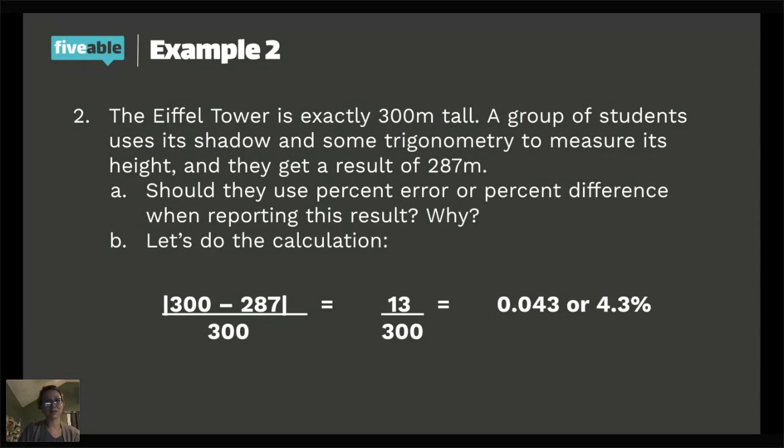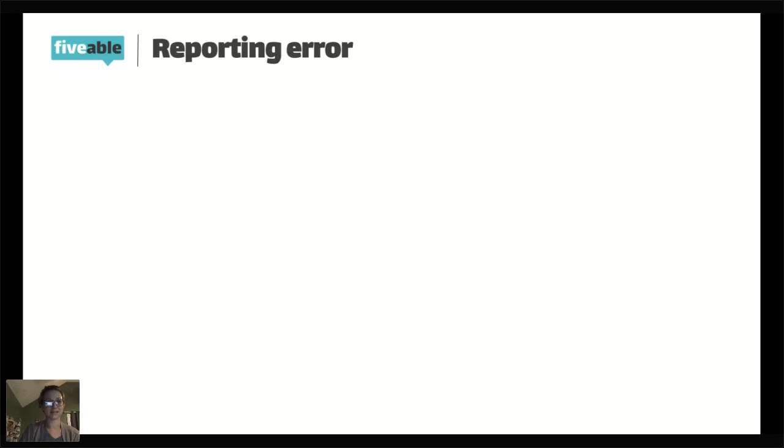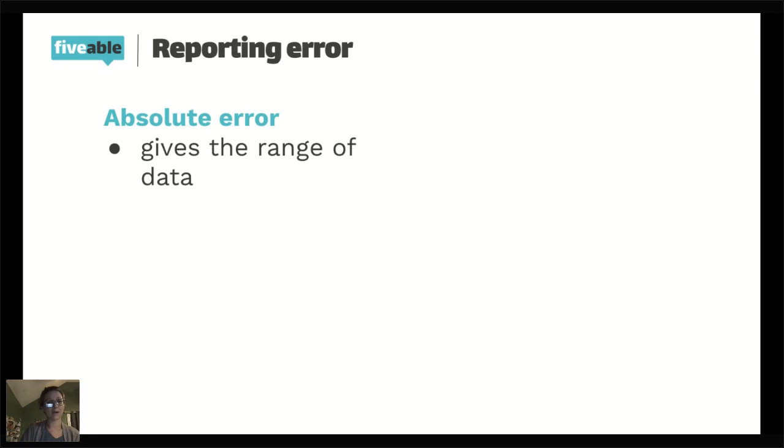Okay, the last thing we can look at with thinking about error is, now we kind of see some different ways of how to calculate it, but how do you report that in your experiment? And most of the time you're going to use the percentage, and I'll show you what that looks like. But sometimes you might use what's called an absolute error, where in this case it gives the actual range of the data.